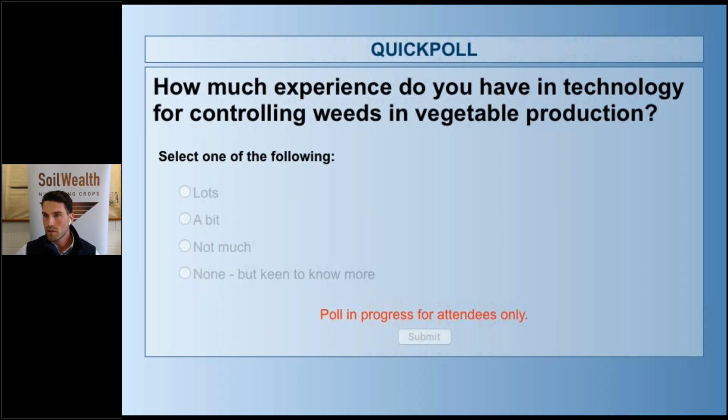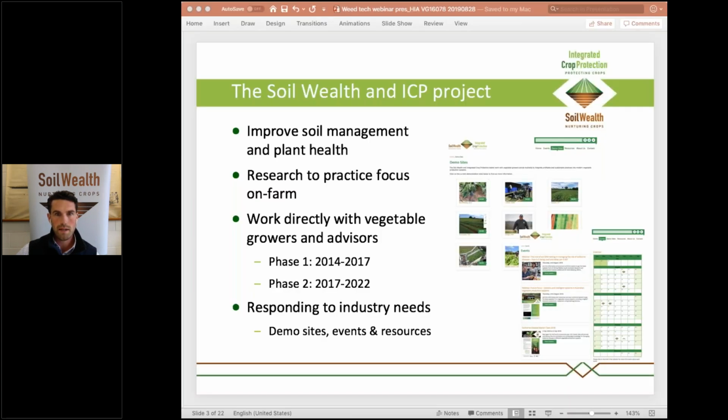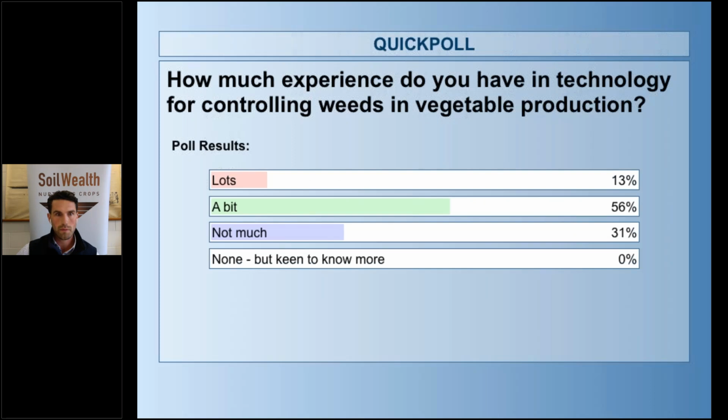I can see about three-quarters of us have voted, 80%. I might just close that poll now and share the results back with you. Interestingly, we've got a big cohort with a bit, about 60%, 30% not much, and a small cohort up the top with lots. So thanks very much for that.